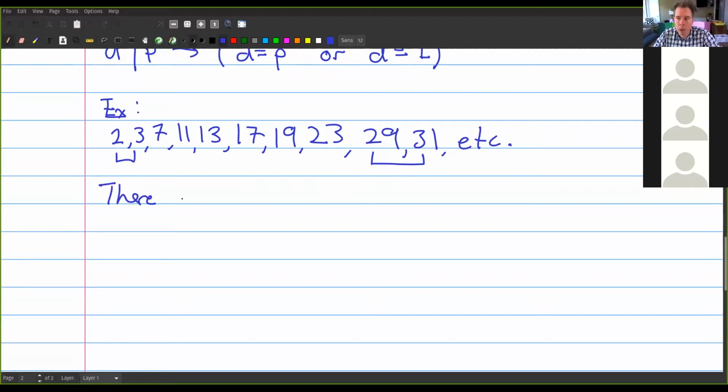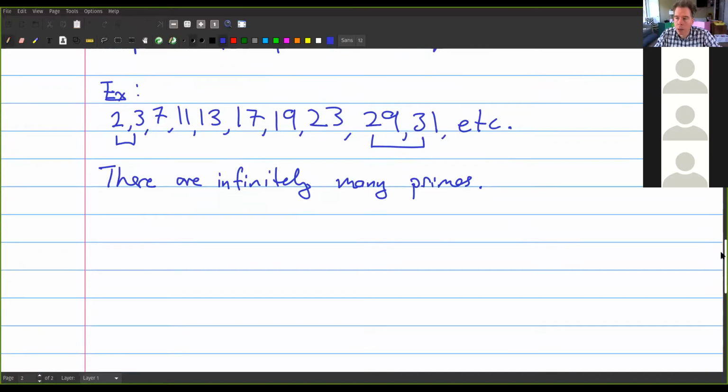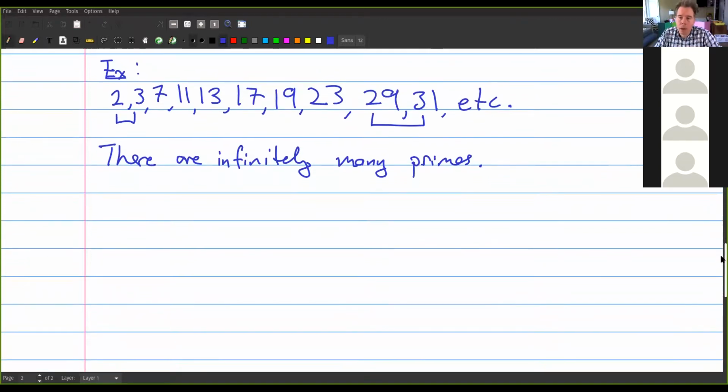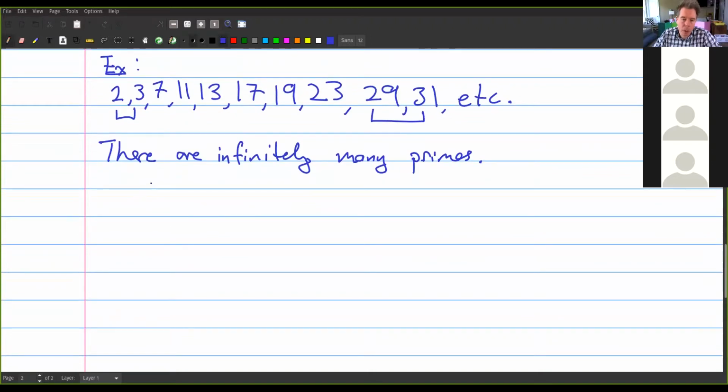And this is one of the oldest and most beautiful proofs, which I hadn't planned on doing, but maybe we should do it. There are infinitely many primes. So the proof is, given any list of primes, you can produce a number that is not divisible by any of those primes.